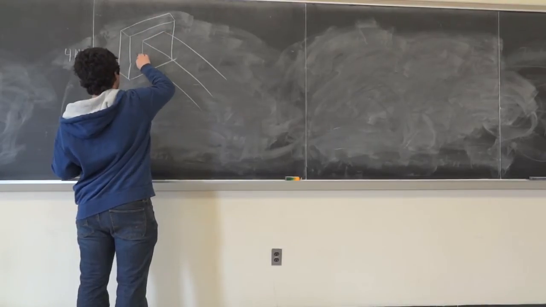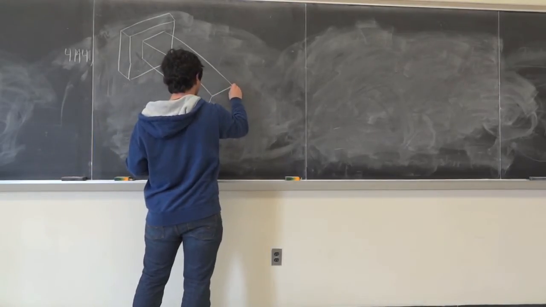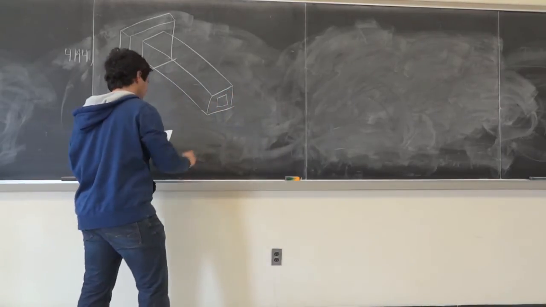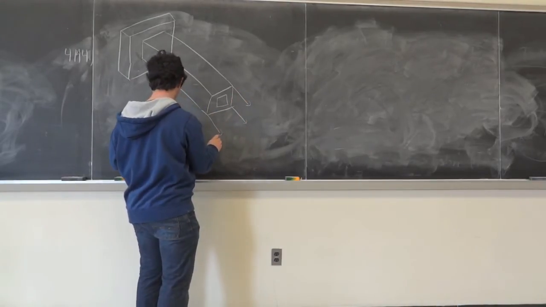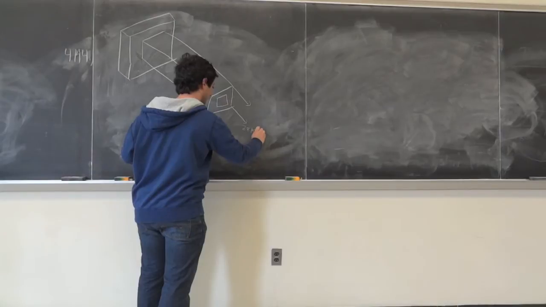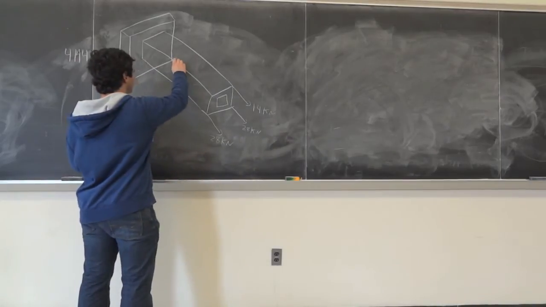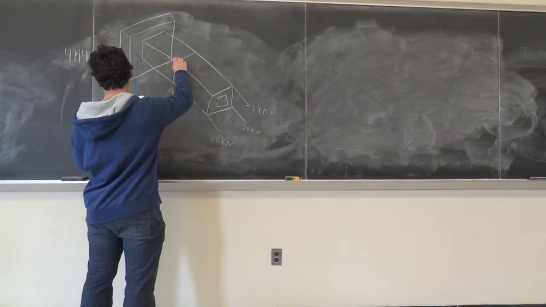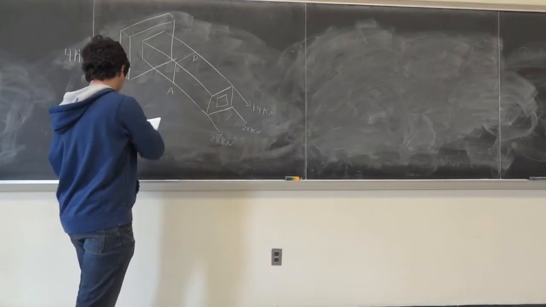This point's A, this point's B, and this point is D. What else do they give you?